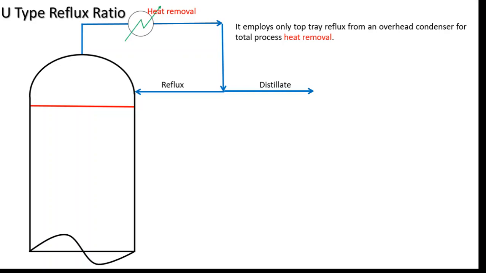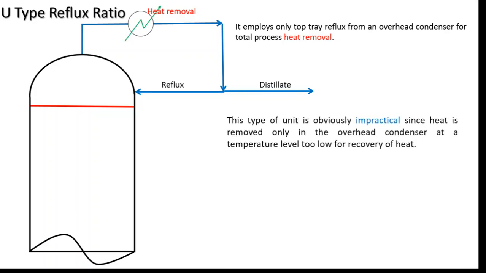That's why there is a problem, and the problem shows that this type of reflux is impractical in the atmospheric distillation column, because the overhead heat removal system is insufficient due to the very low temperature for heat recovery. The column has a high temperature in the middle section, and at that high temperature vapors and liquids are there, especially vapors.